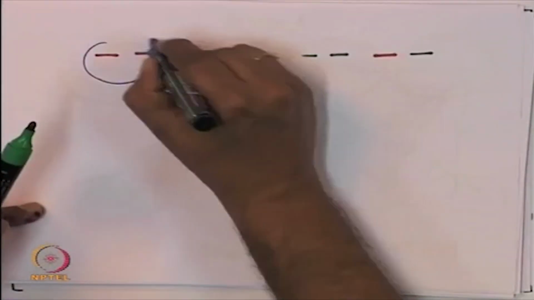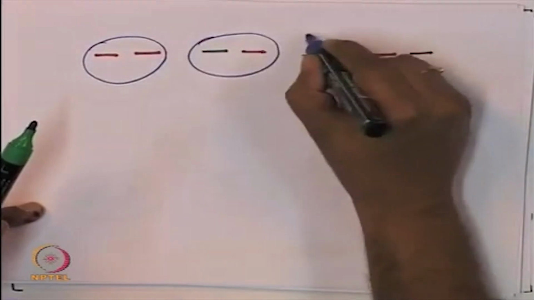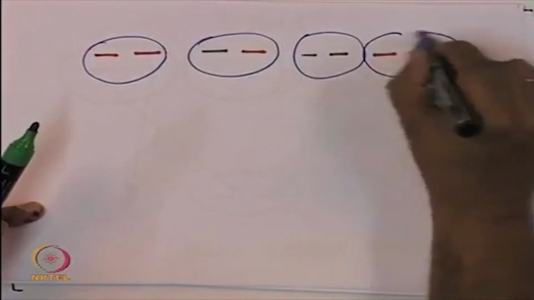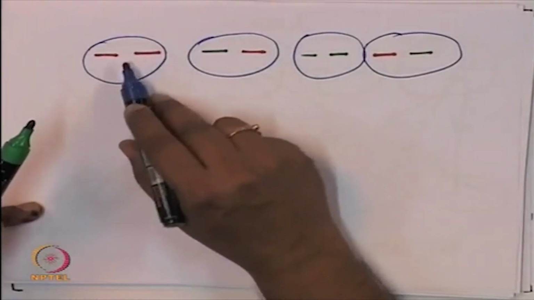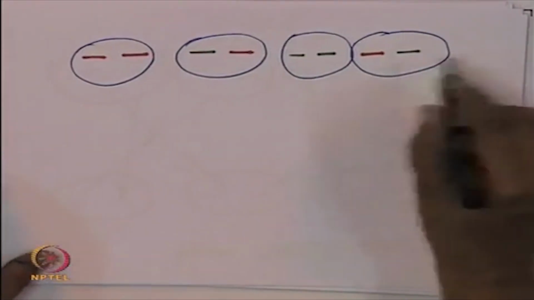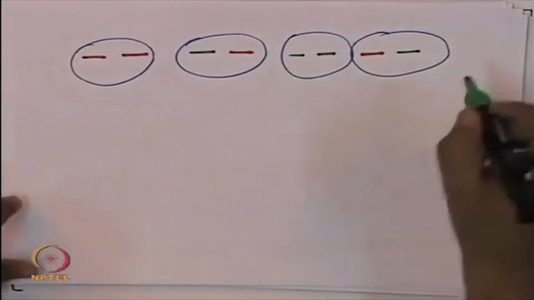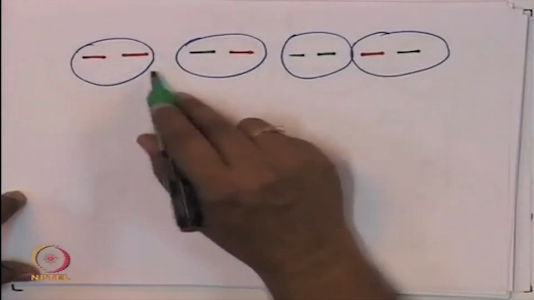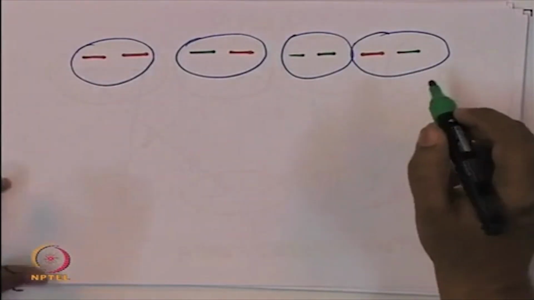So these are the individuals. There are 4 diploid individuals. Let us have 8 chromosomes only. So out of 8, 4 of them are red and 4 of them are green.